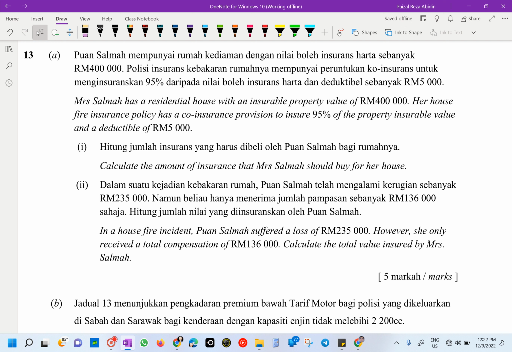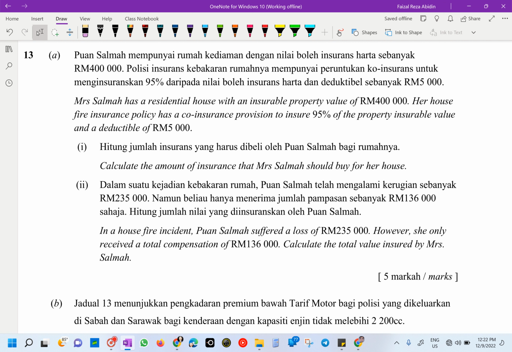Her house fire insurance policy has a co-insurance provision to insure 95% of the property insurable value and a deductible of 5,000. Calculate the amount of insurance that Mrs. Salma should buy for her house. This one will be given only how many marks? 2 marks given. First is the calculation. The second one is the answer.